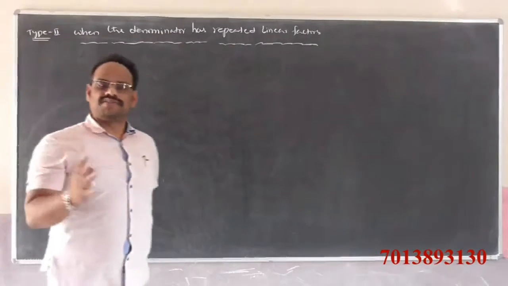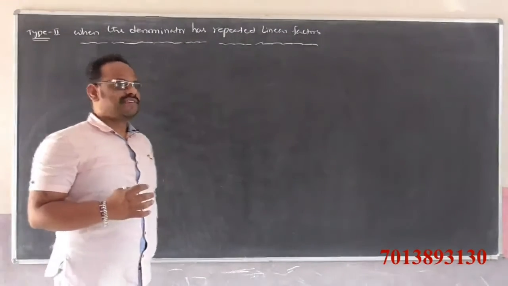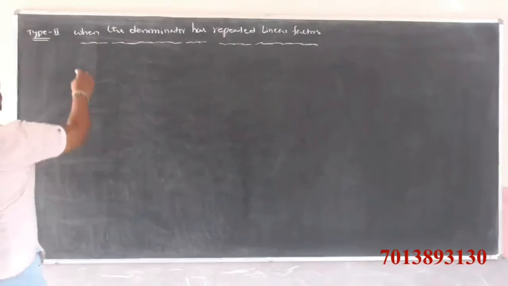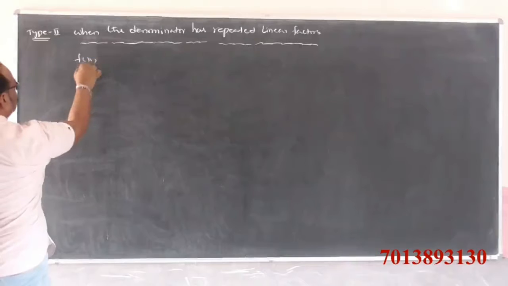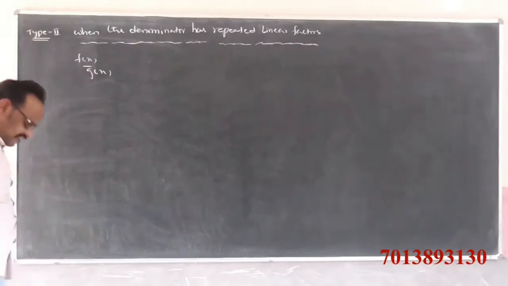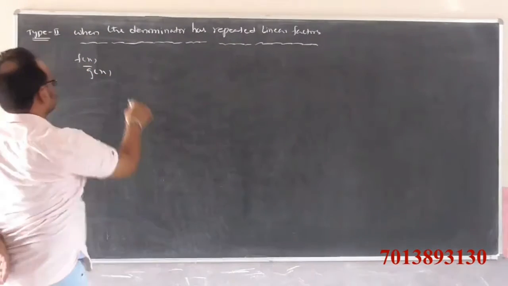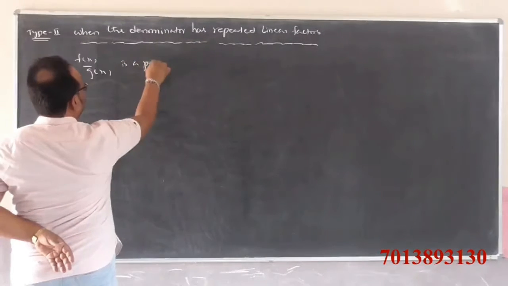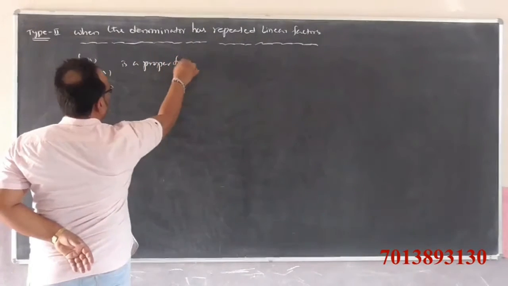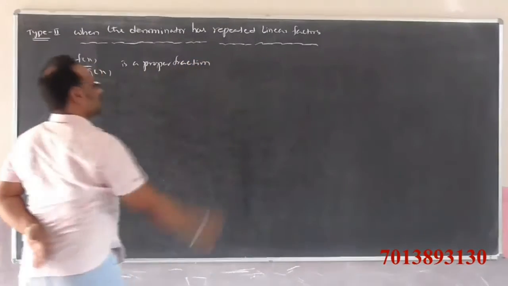observe here, the denominator. f of x by g of x is a rational fraction. f of x by g of x is a proper fraction.